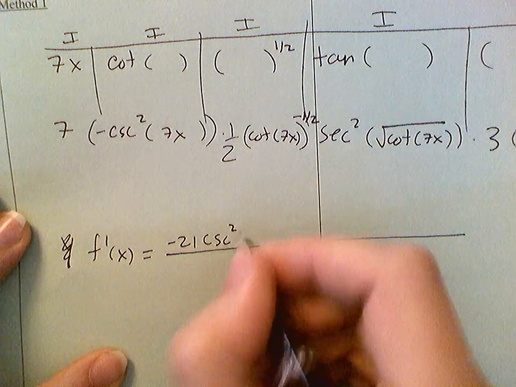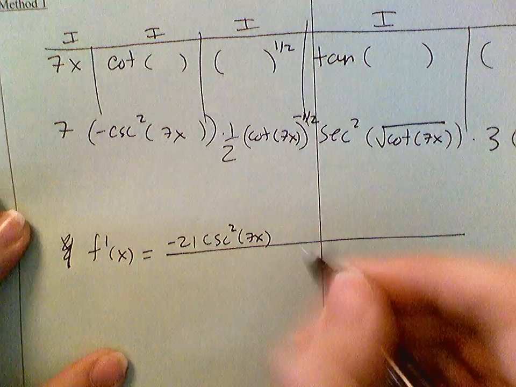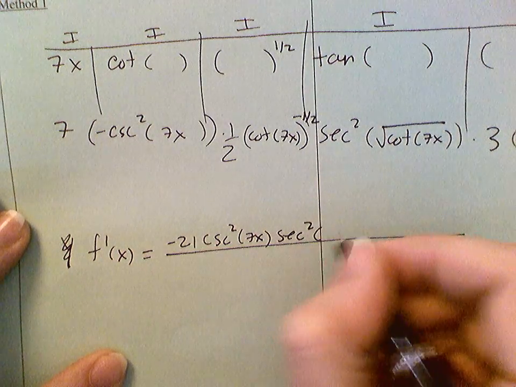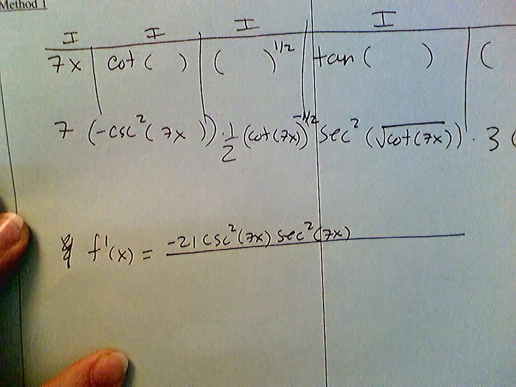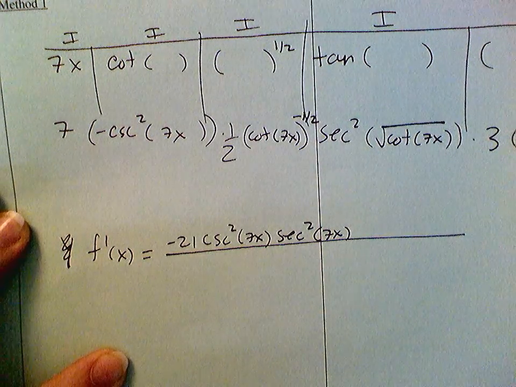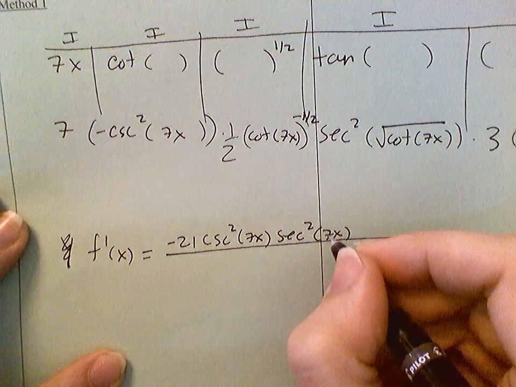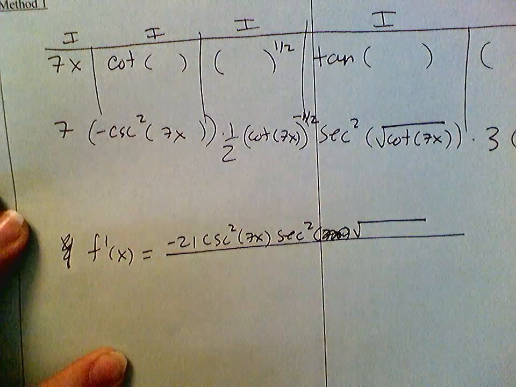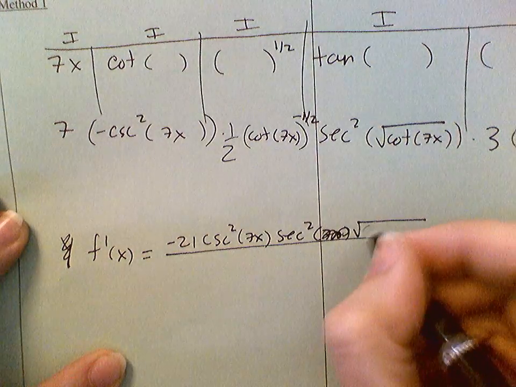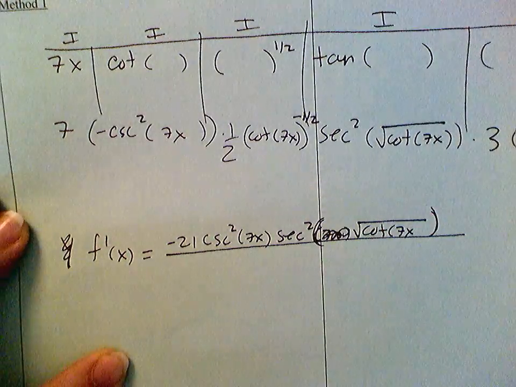So cosecant squared of 7x, secant squared of radical cotangent 7x, sorry. That's all inside of secant squared.